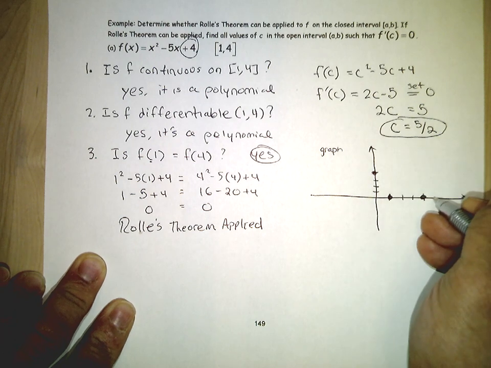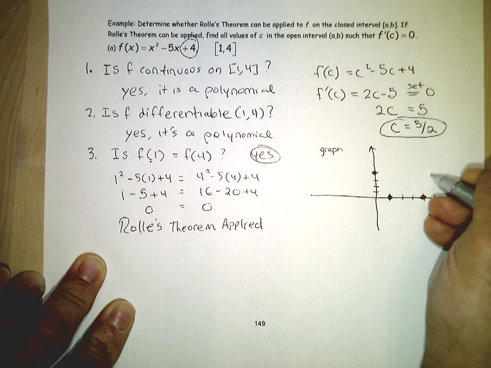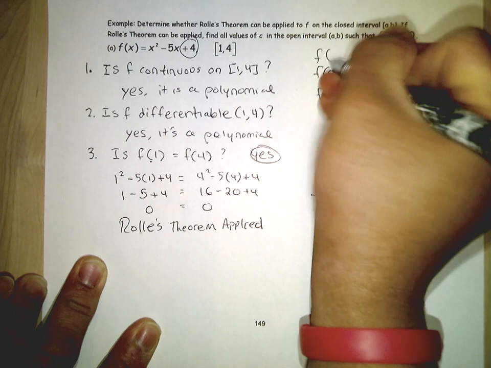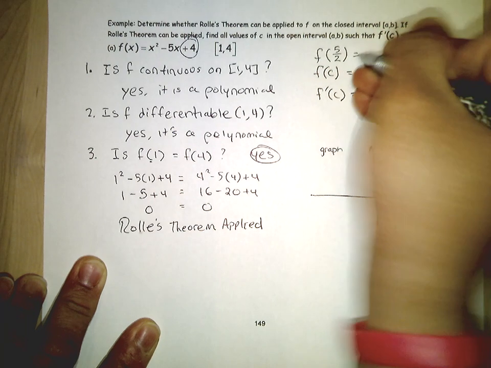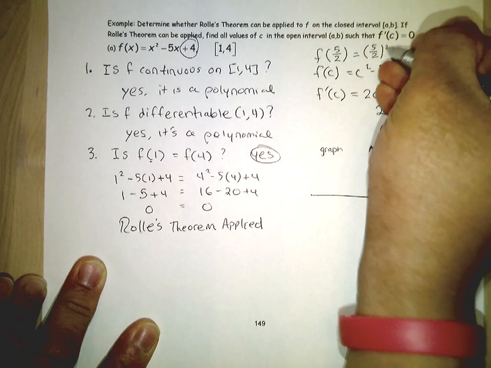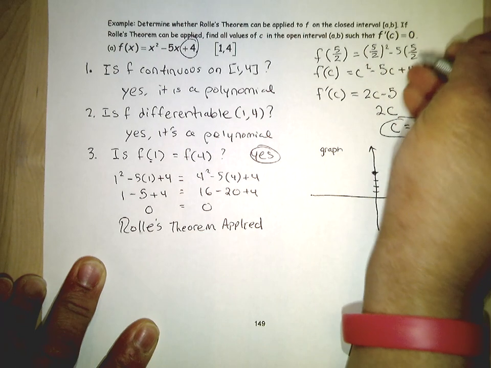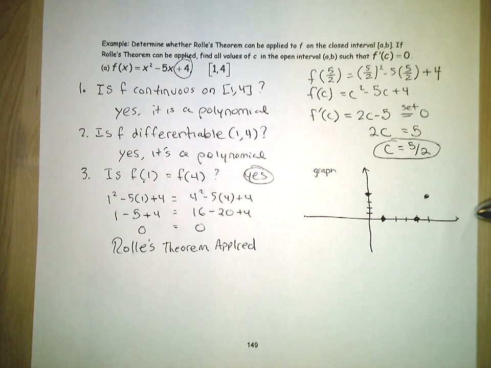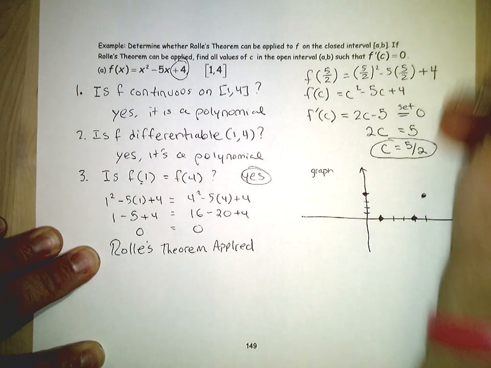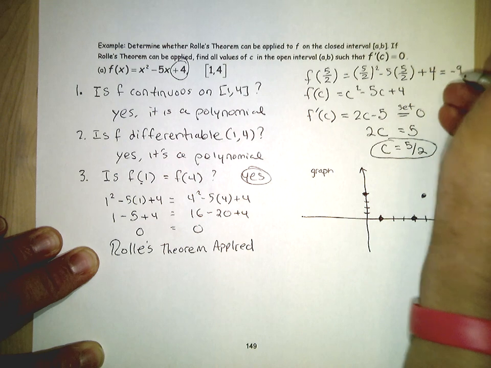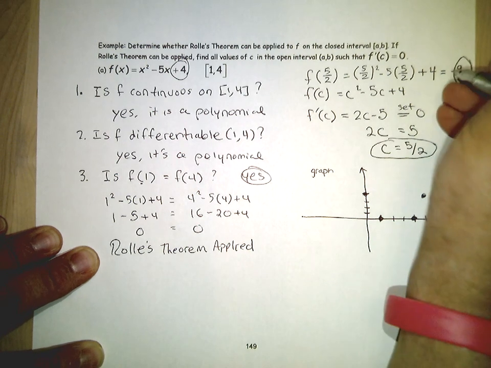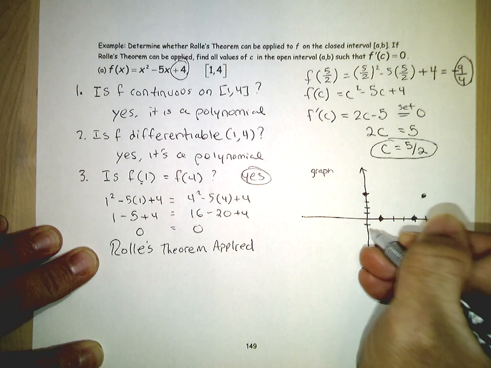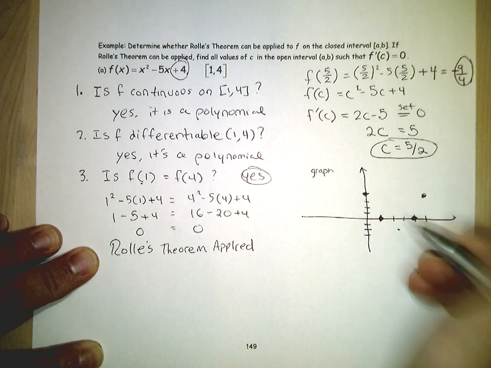All right, and this is a parabola, so I can draw this by symmetry. But if I want to find f at 5 over 2, I have 5 over 2 squared minus 5 times 5 over 2 plus 4. And that is going to be a negative 9 over 4. I'll leave that arithmetic up to you now. So at 5 over 2, I have negative 9 over 4.